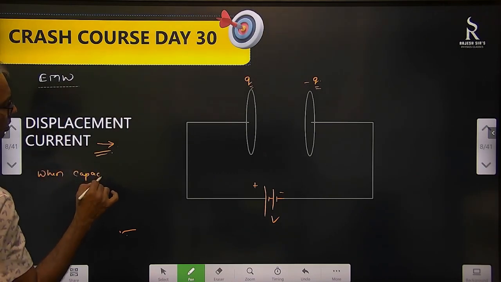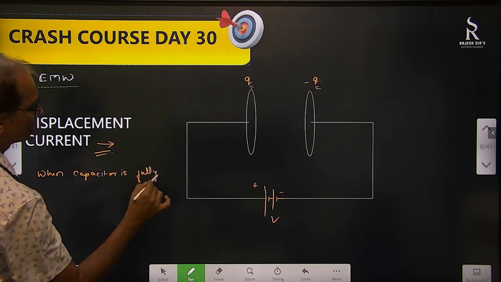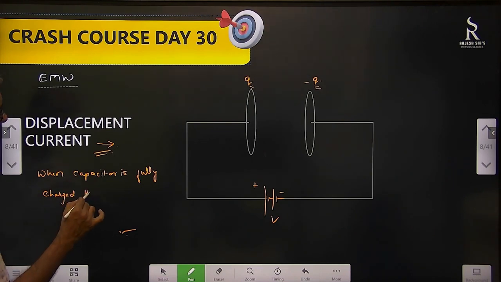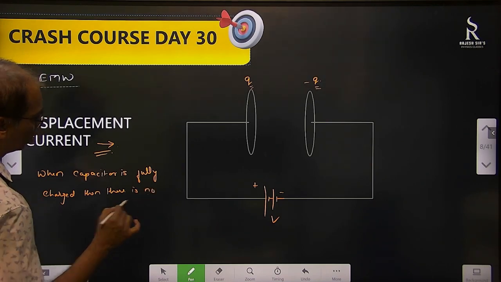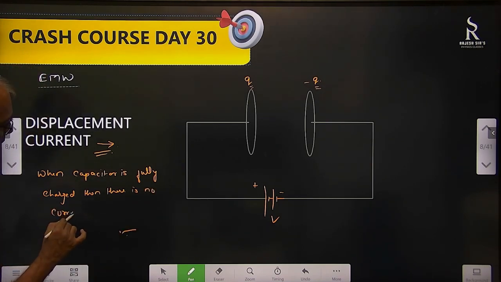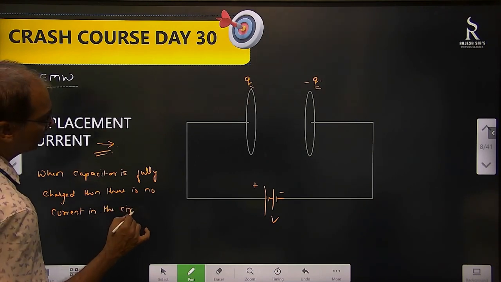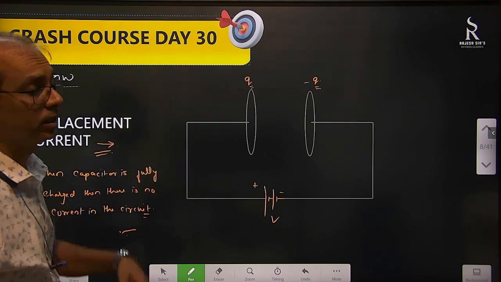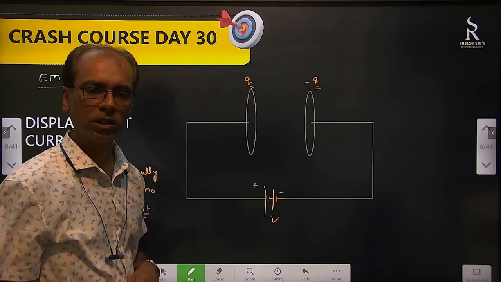So then, till what time is current there? Till you are charging this capacitor. So charging the capacitor means charge is changing.